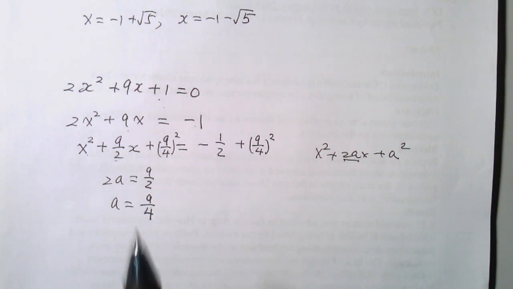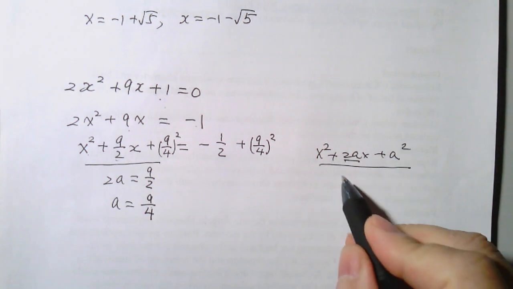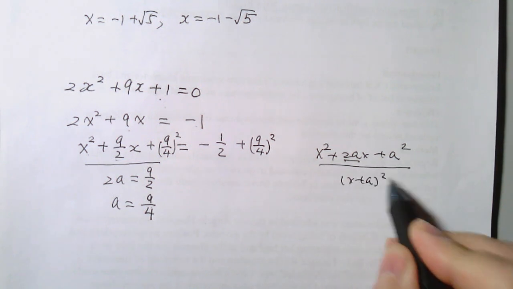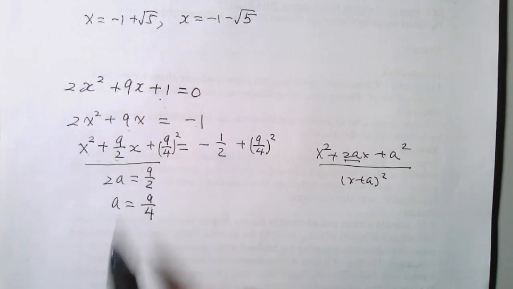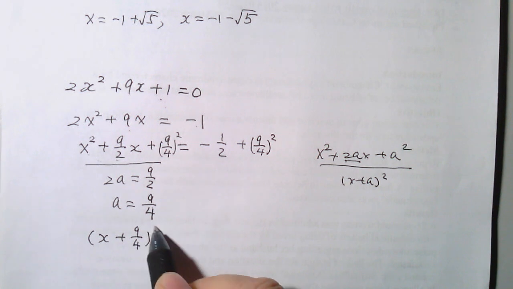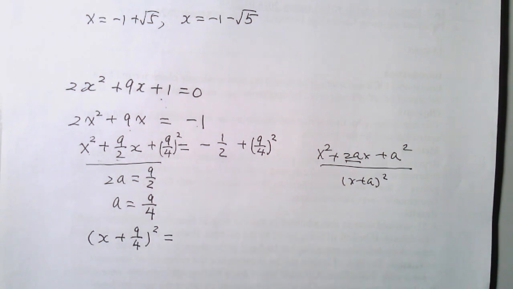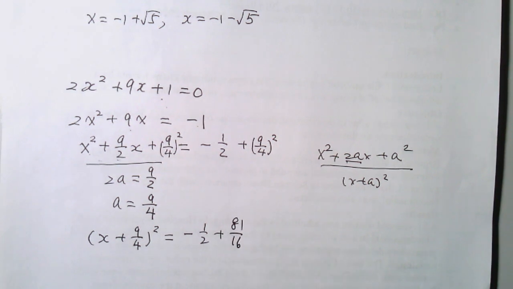Okay, so now this is just like what we have here, which is x plus a squared. So the a is 9/4. So that means the left side is x plus 9/4 squared. And the right side is negative 1 half plus 81 divided by 16.